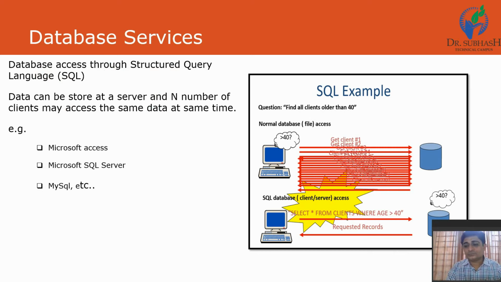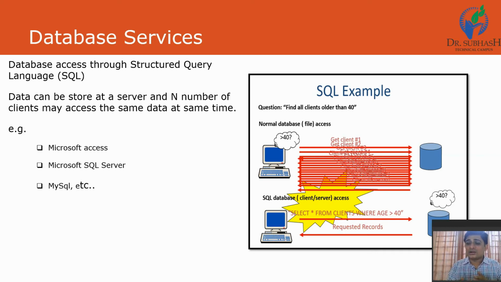A single computer works as a server, and n number of clients may access the same data at the same time. As an example, the banking system. There are two transactions working parallelly: person A withdraws money from a bank ATM, and at the same time another person may deposit into the same account.